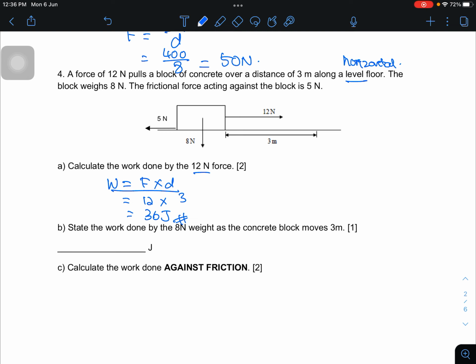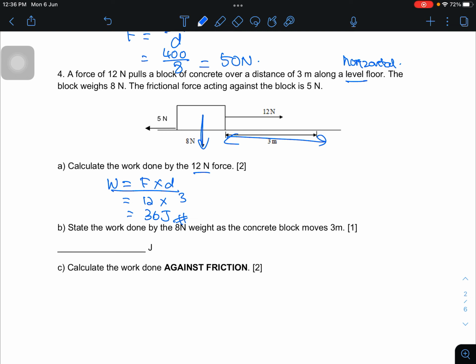State the work done by the 8 Newton weight as the concrete moves 3 meters. Okay, I'm going to explain this question in two ways. One is to explain it in terms of concept. The weight is acting vertically down. The distance moved is actually horizontal. According to the definition of work done, it is the product of the force and the distance moved in the direction of the force.